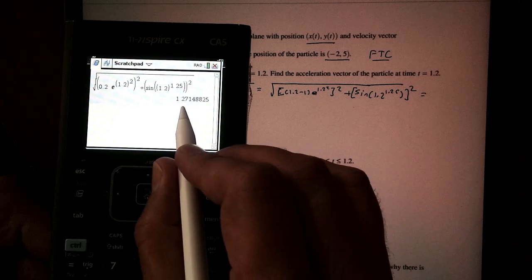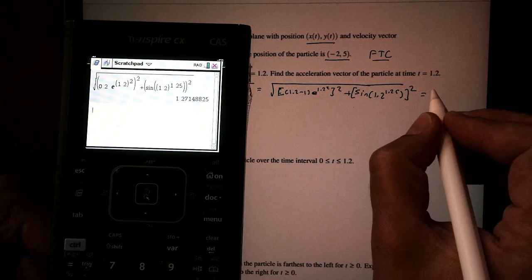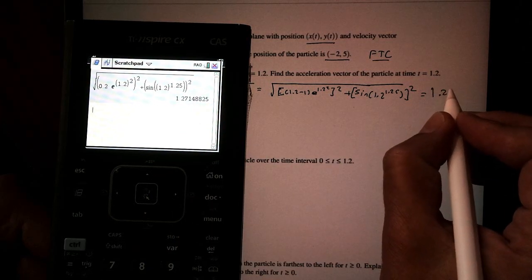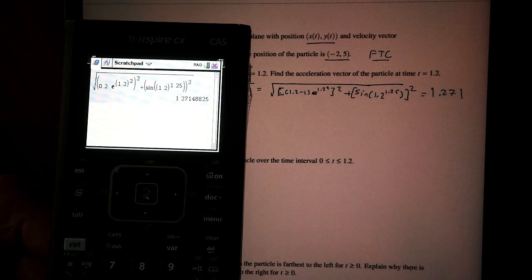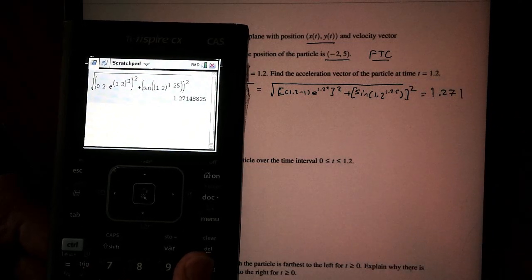Oh, there it is. We're going to go to 3 decimal places, 1.271. Oh, that is pretty nasty to type in.